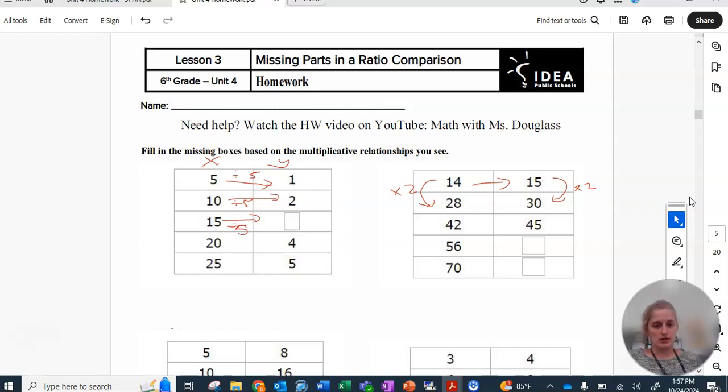Since I didn't really need anything there, that's not wildly helpful, but I want to find this one, and I want to find this one. So I can look for 14's times table that gets me to 56. And then I can use that same scale factor to find my answer. 15 times that number will go in this box. Again, 14 times something equals 70. 15 times that same something equals this box.